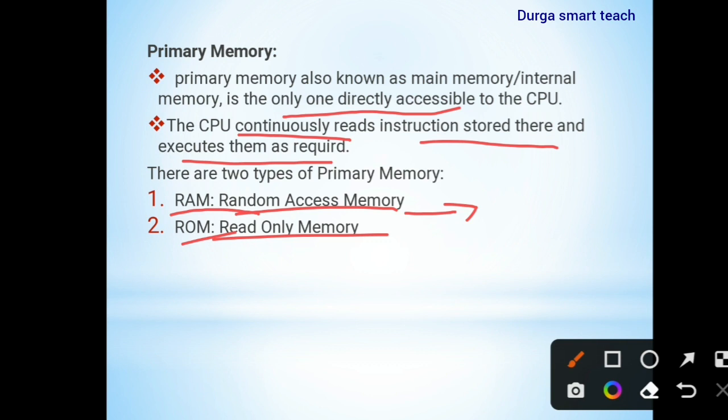Whenever the power is off, the data in the ROM is safe. That is the main difference between RAM and ROM. RAM is used for reading and writing. We can read data from RAM or write into RAM. But ROM is read only. We can only read, and if we want to make changes, we need to transfer it to random access memory.